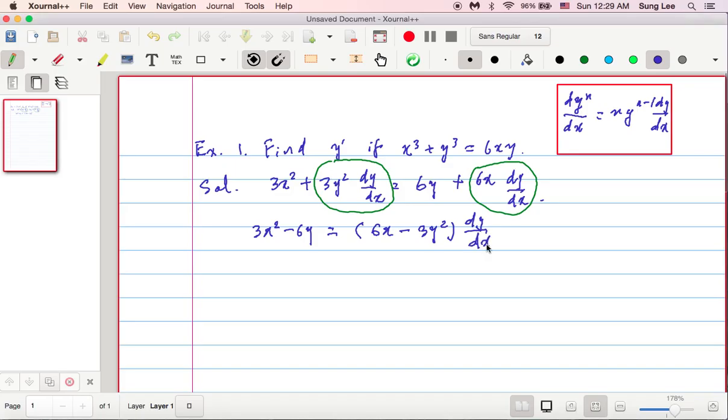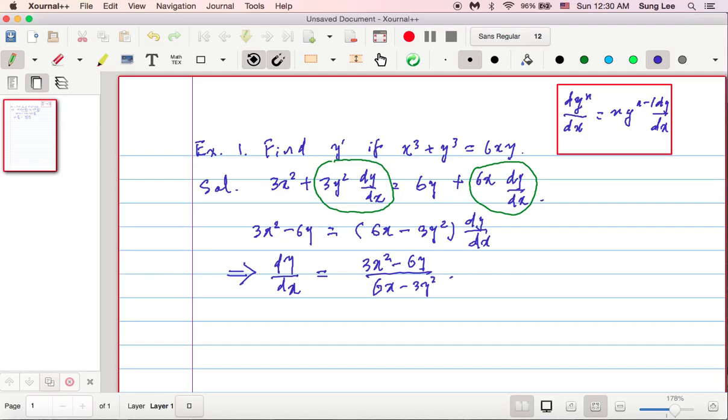Okay, that's simple algebra. And then now we are going to divide each side by 6x minus 3y squared. That way we can solve this whole equation for dy by dx. So that equals 3x squared minus 6y all over 6x minus 3y squared.